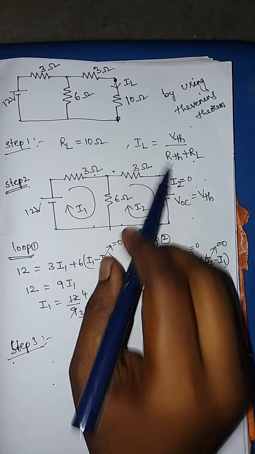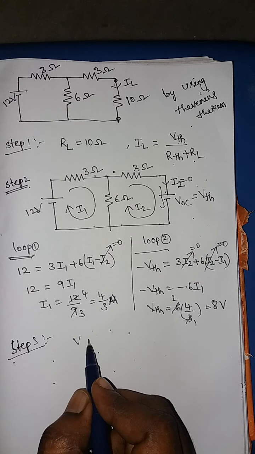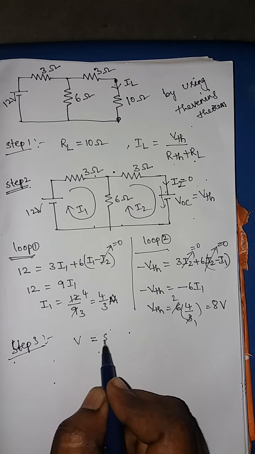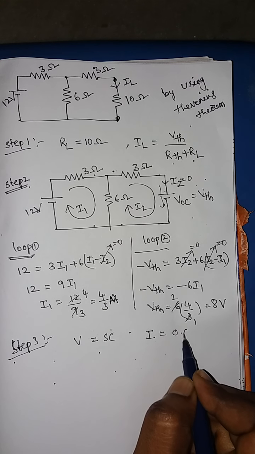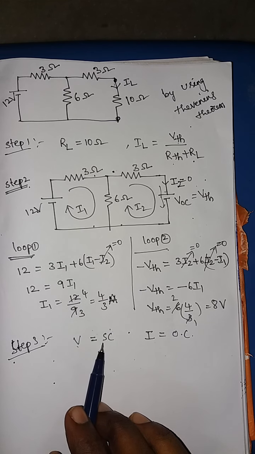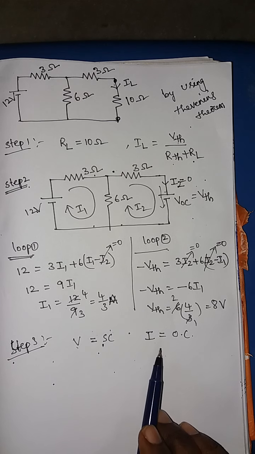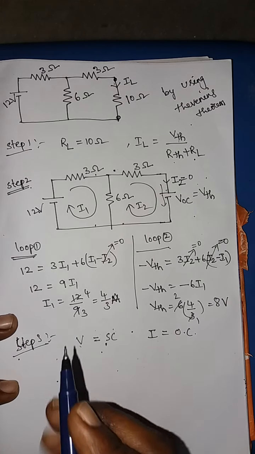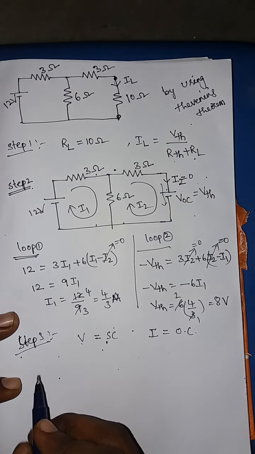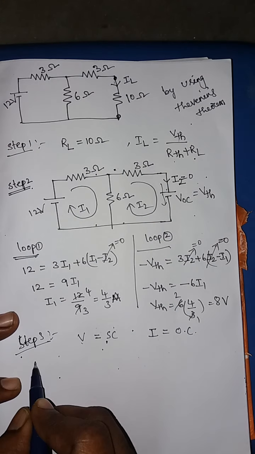While determining the RTH, the voltage source in the network has to be short circuited and the current source in the network has to be open circuited. Therefore, here you have only a voltage source. So this voltage source has to be short circuited.